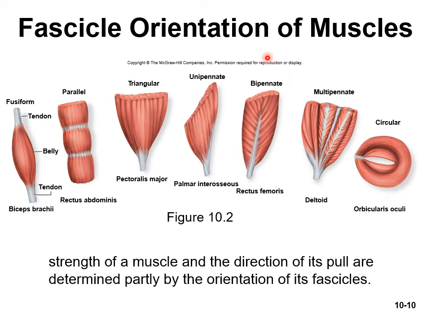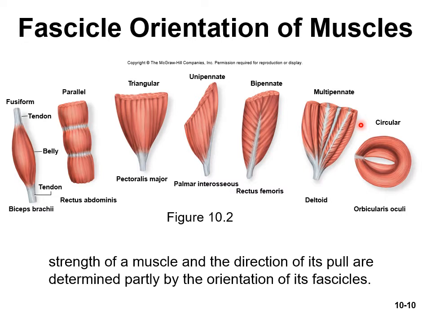If you were to flip your hand over and press into the meat of your thumb in your palm, that is the palmar interosseous. The rectus femoris, which is the frontmost part of your quadricep muscle, is actually a bipennate muscle, which looks like a feather. You have a tendon running through the middle of it, and the fascicles are oriented off either side of it. Multipennate muscles are where you have lots of those feathers coming off of them, and the deltoid sitting on the top of your shoulder is a multipennate muscle.